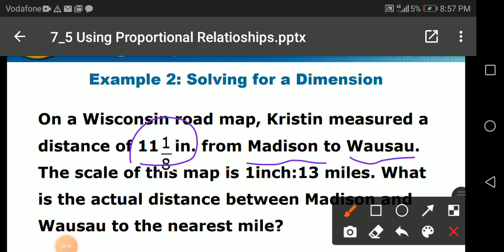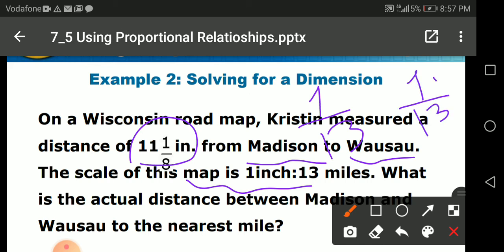The scale of this map is 1 inch to 13 miles. Okay, what is the actual distance between Madison and Wausau to the nearest mile?